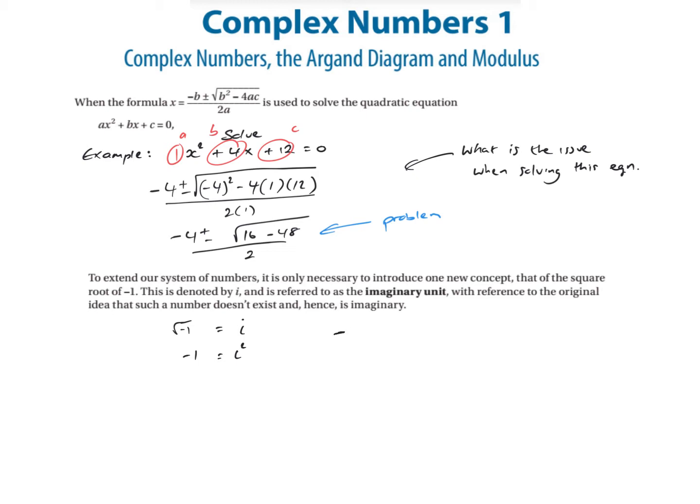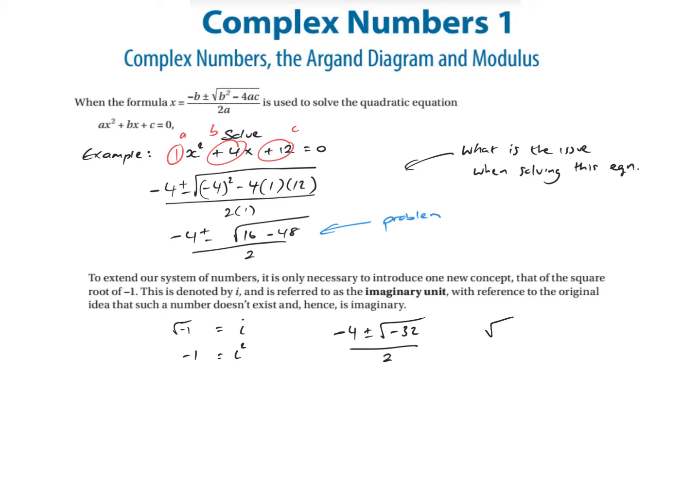So we've got minus 4 plus or minus there. 16 minus 48 I think is minus 32. So we've got the square root of minus 32, all over 2. And what we do here now is we break up the root minus 32 as I'm about to show you.